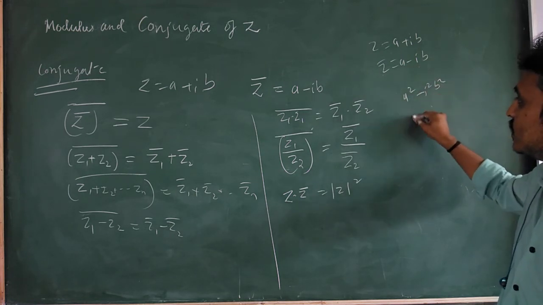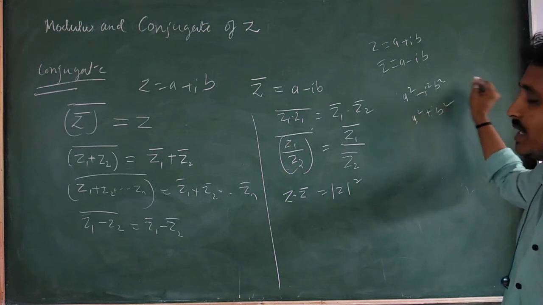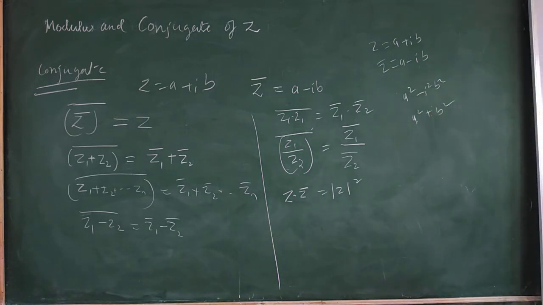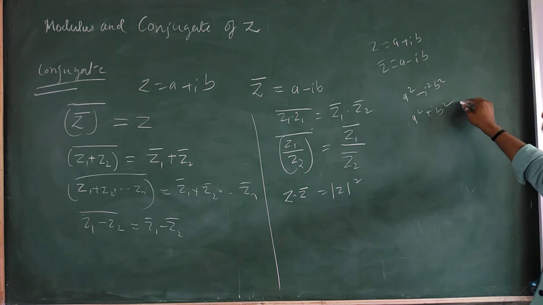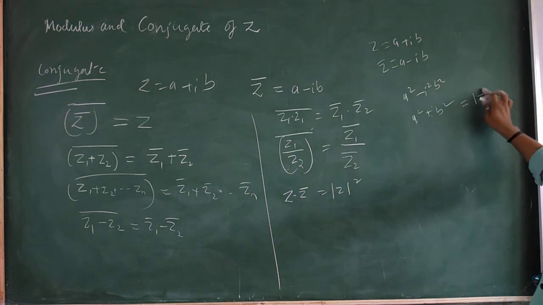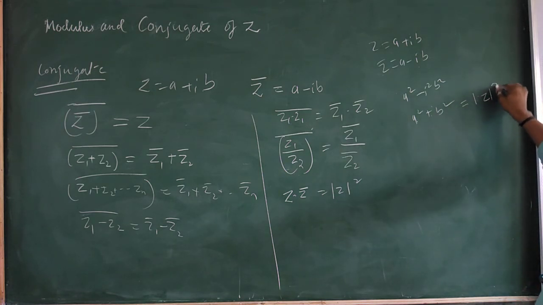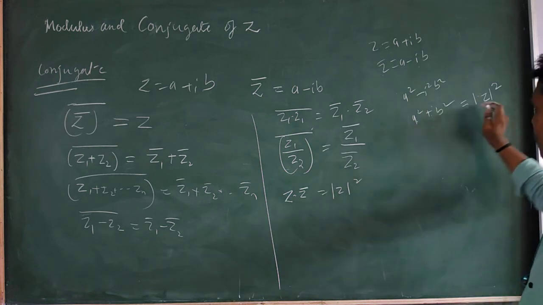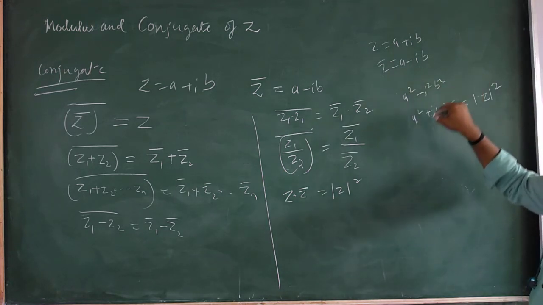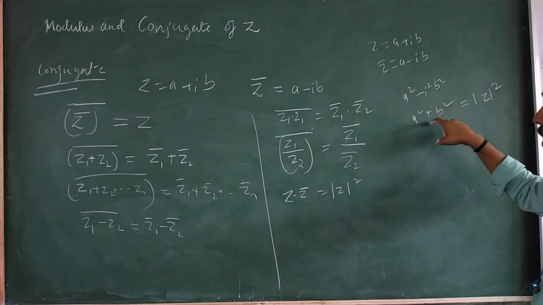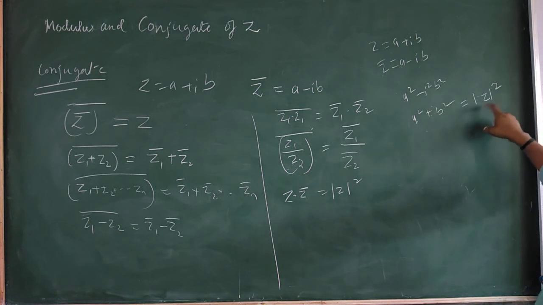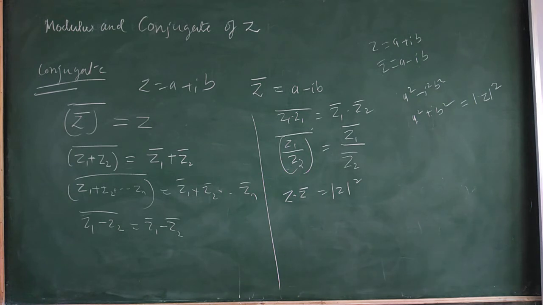I square is minus 1, so that is a square plus b square, which equals modulus of z whole square. Modulus of z is root of a square plus b square, so the square of the modulus is a square plus b square.